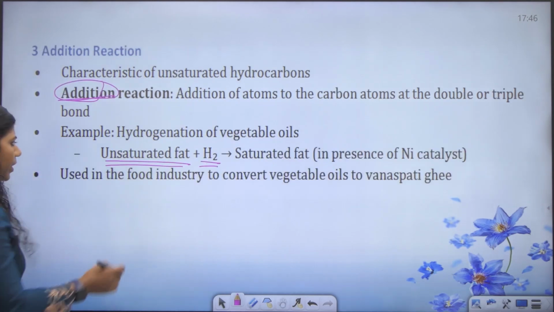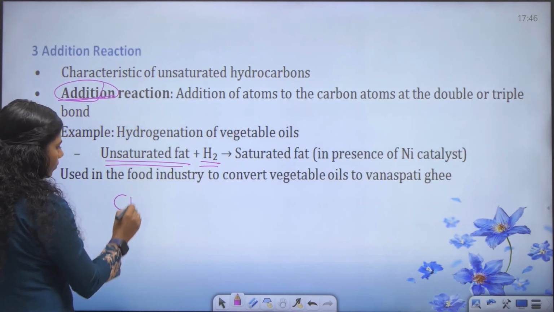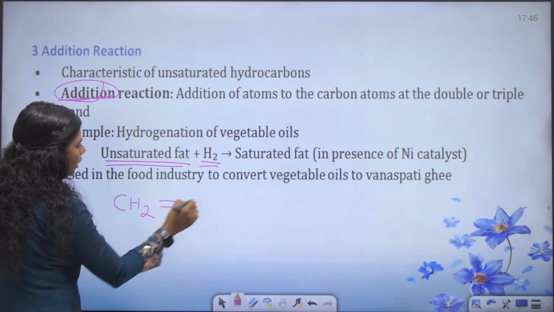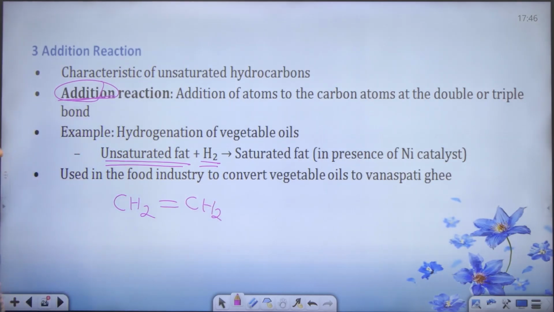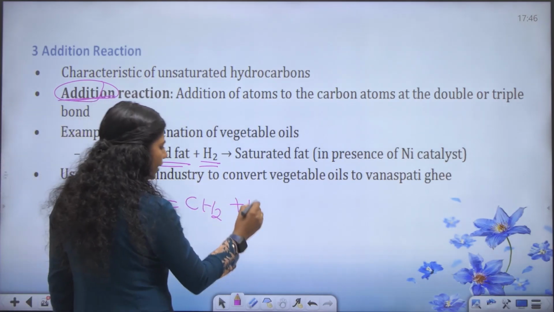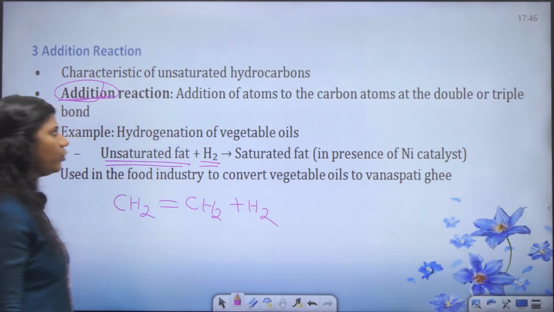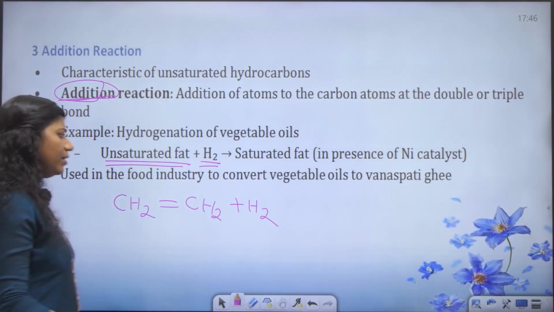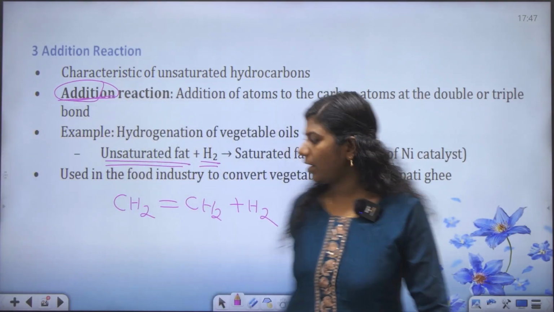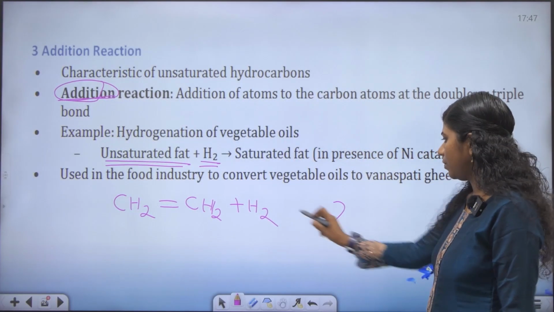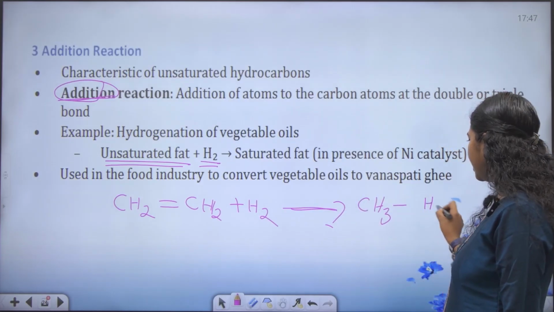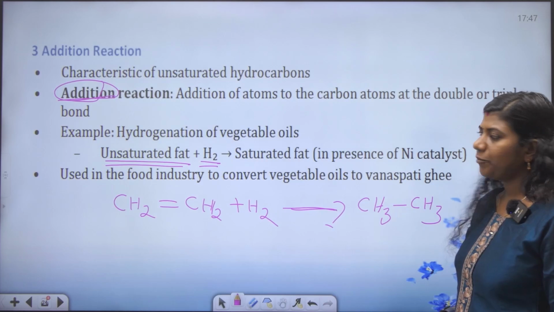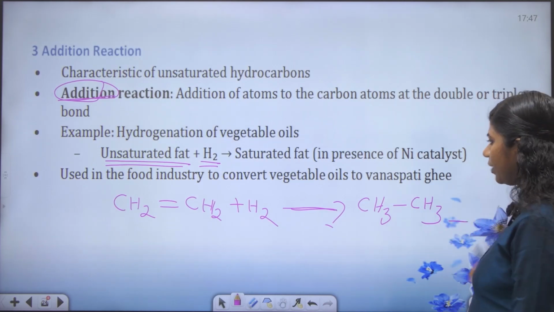And for example, CH2=CH2, an ethene molecule, reacts with hydrogen. Ethene plus hydrogen forms CH3CH3, an ethane molecule.